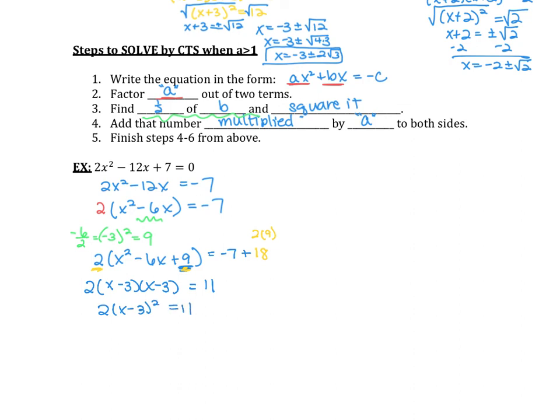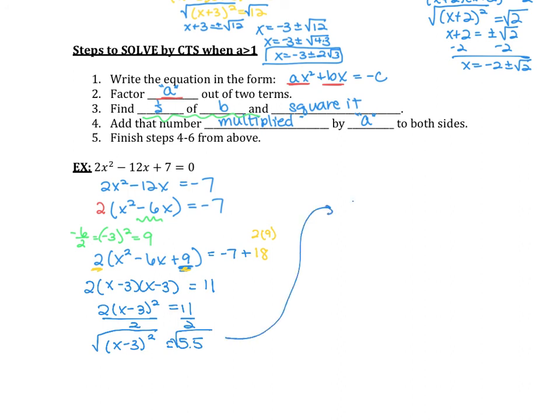Now to finish solving this, I know I need to get my variable by itself, so I'm going to divide both sides by 2 first. So I get x minus 3 squared equals 11 divided by 2, which is 5.5. Then I'm going to square root both sides.